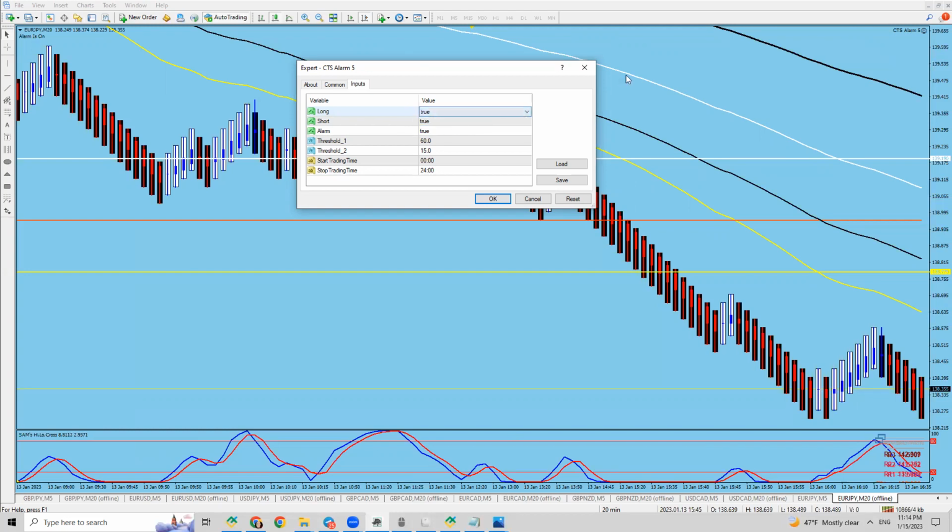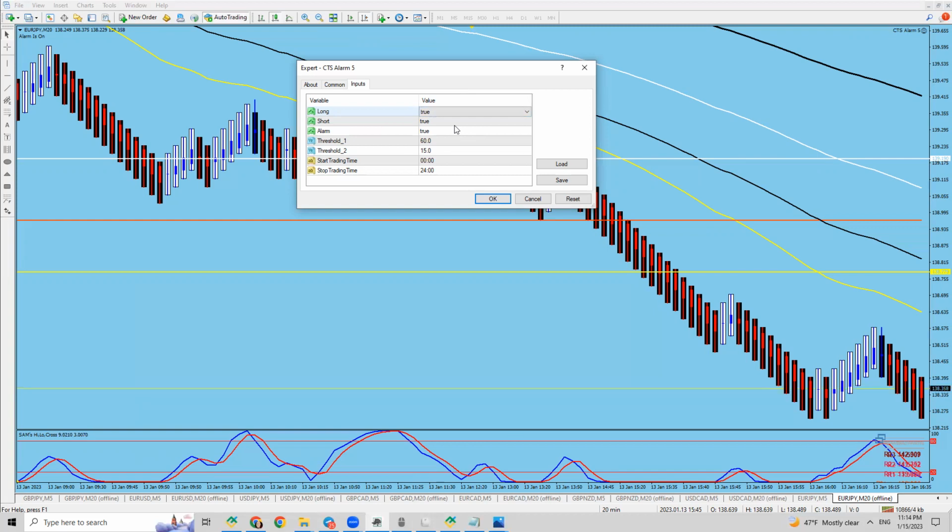If you have a long setup you want to bypass, then you can choose here. Similarly, if you only want the long, you can make short false, so it's not going to open a short trade. Even if the price shows a setup there, it's not going to open, right?